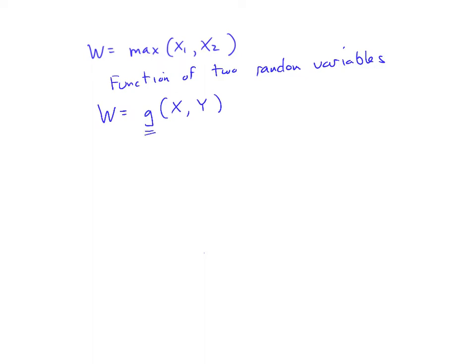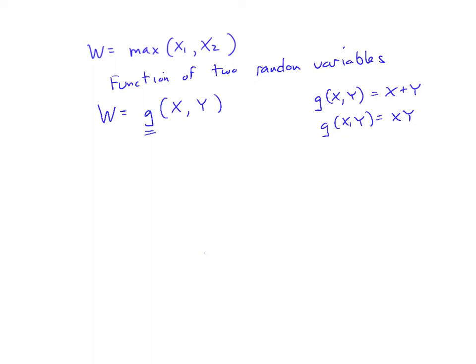It could be the maximum, or for instance, it might be the sum of X and Y, which is something that comes up in many problems, many engineering situations. It could be that g of X and Y is the product of X and Y. There are a lot of possibilities, and we'll develop machinery to analyze these cases.